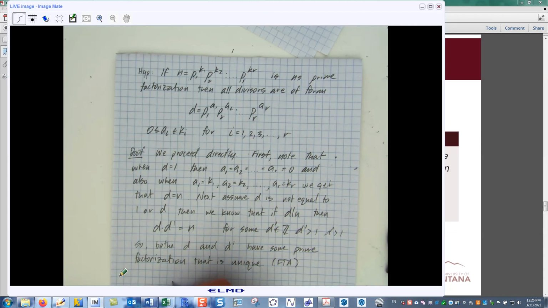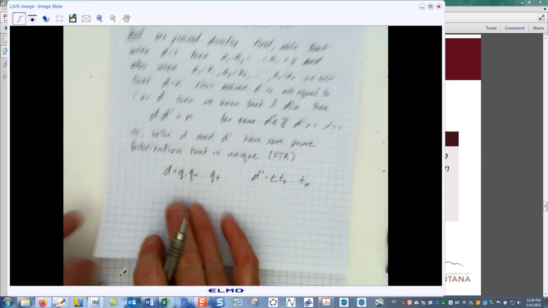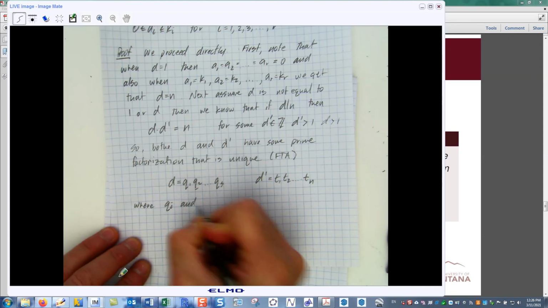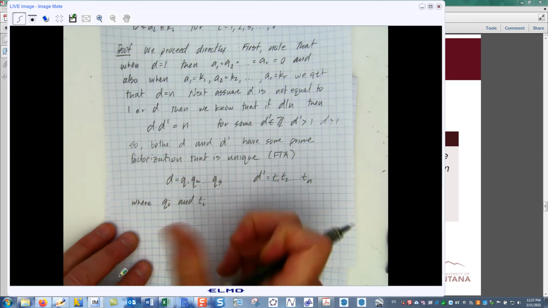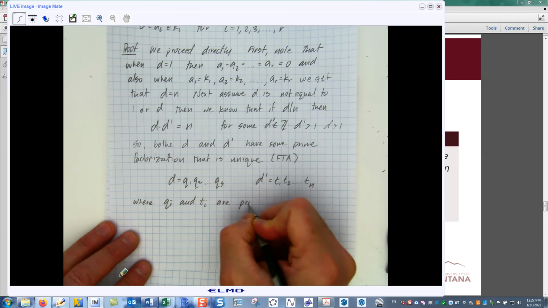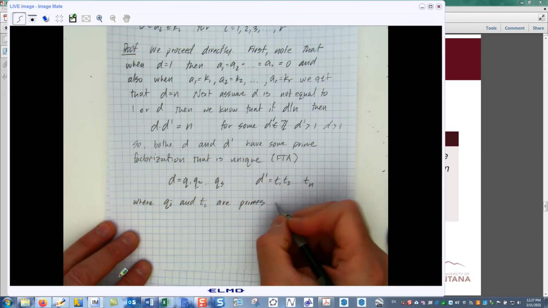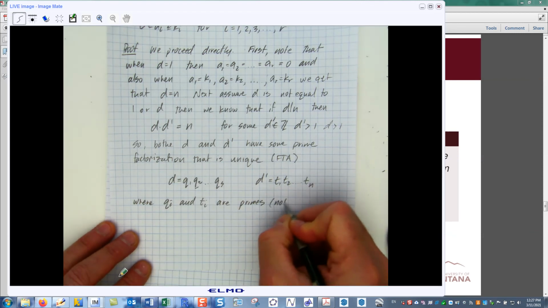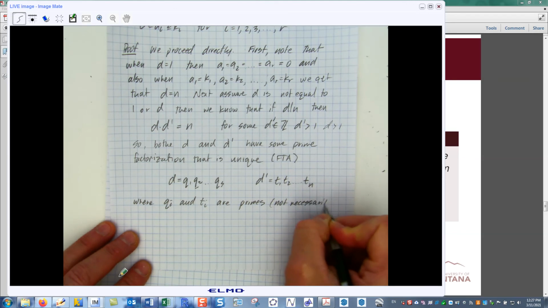So we could think of it this way: d is equal to some q_1 q_2 all the way up to q_s, and d prime is equal to some t_1 t_2 all the way up to t_n, where the q_i's and t_i's are primes, and not necessarily distinct. You could have two 2's or two 7's here.